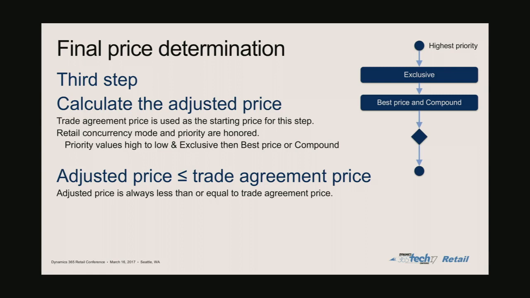So if the calculated adjustment price is larger than the trade agreement price, then we'll just use the trade agreement price. So the key there is, you can't use retail price adjustments to raise the price.